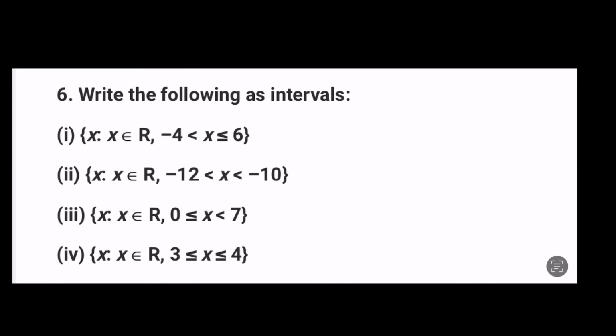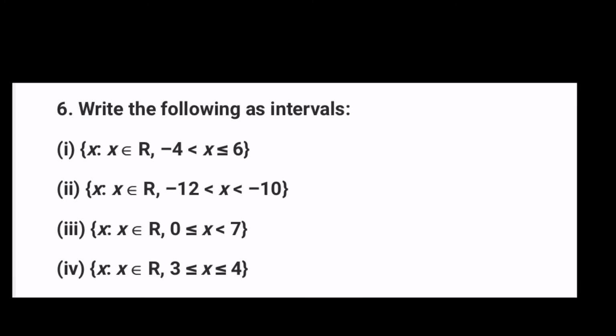Now when you are representing it on the number line, you have a number line here. If suppose here -4 is there, then you get here -3, -2, -1, 0, 1, 2, 3, 4, 5, 6.